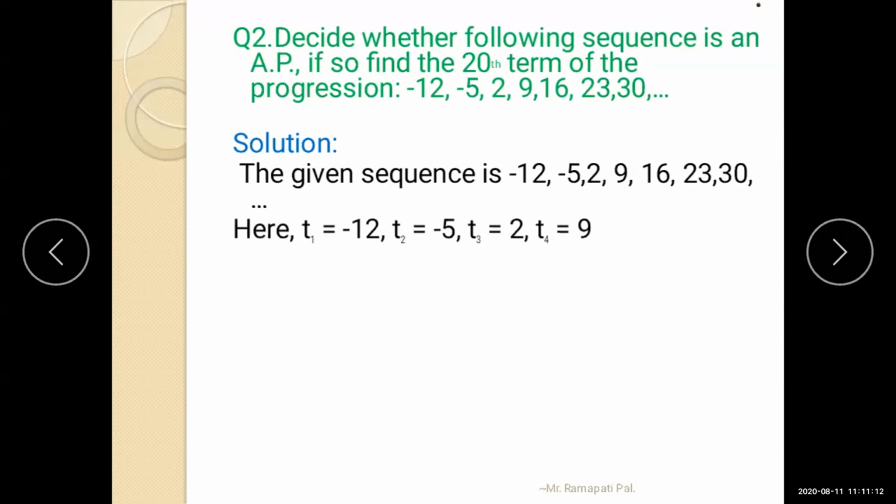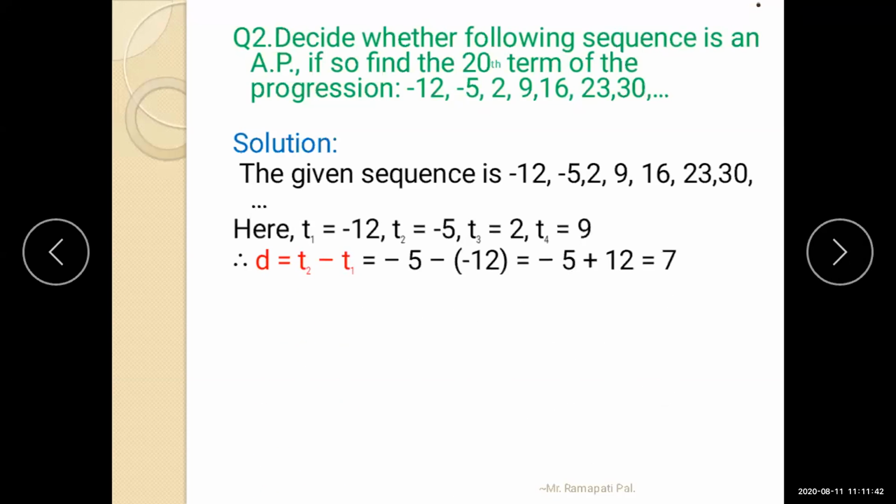Now we have to write down what is T1, T2, T3. So T1 is equal to minus 12. T2 is equal to minus 5. T3 is equal to 2. T4 is equal to 9. Correct? Now we have to find the common difference. That is D. Okay?